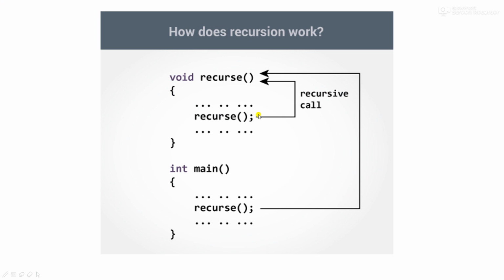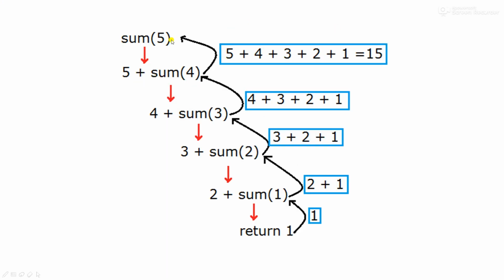So I will directly give you an example. We call 5 plus sum 4, then it goes into its definition, so 4 plus sum 3, then 3 goes into its definition, then 3 plus sum 2, and 2 goes into its definition, and 2 plus sum 1, and after that sum 1 is 1.